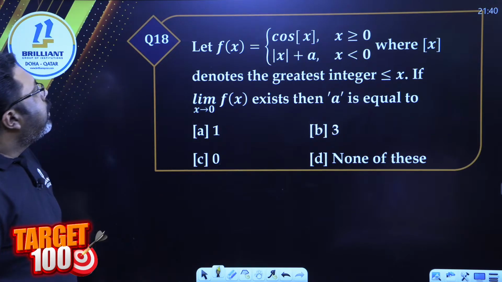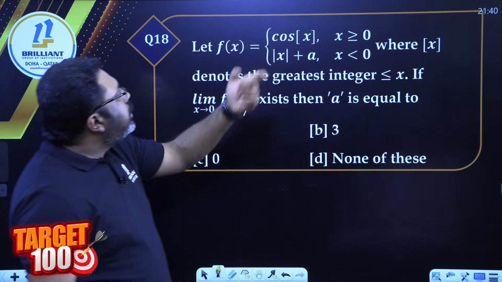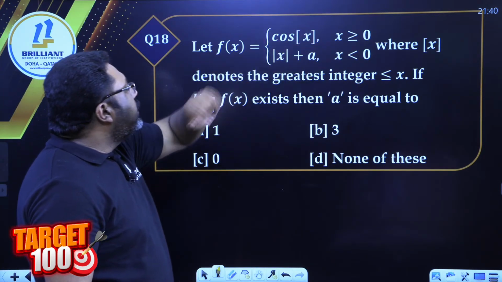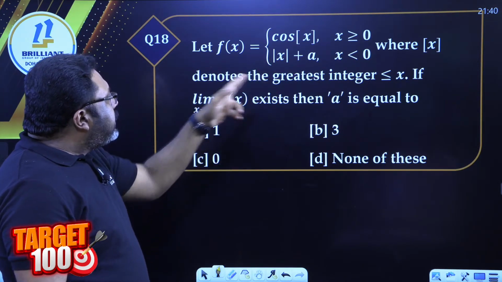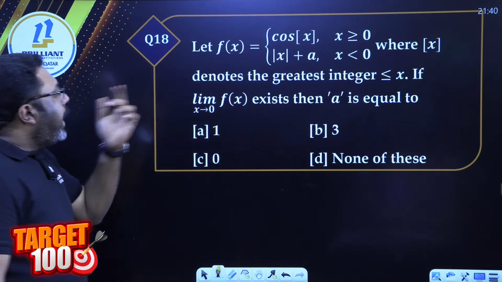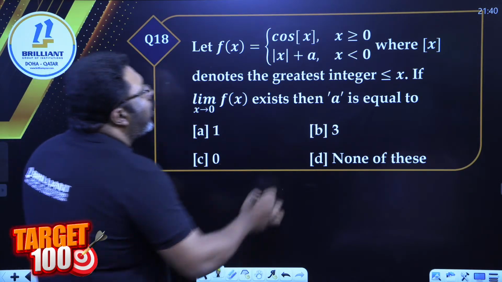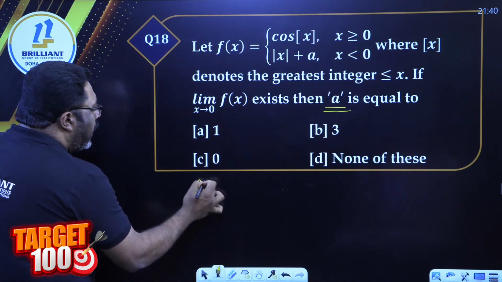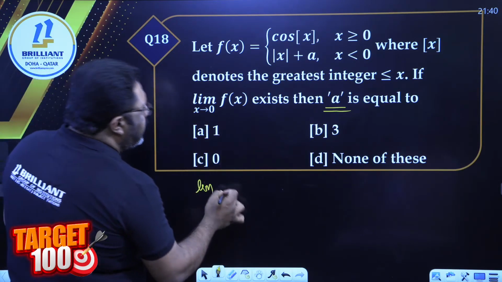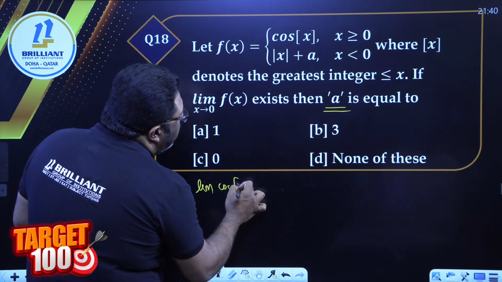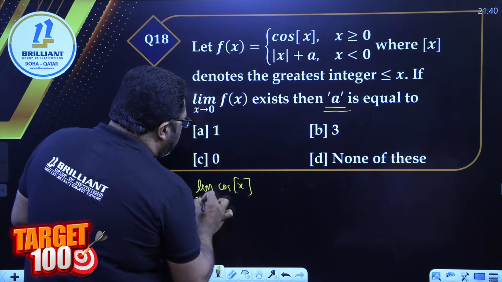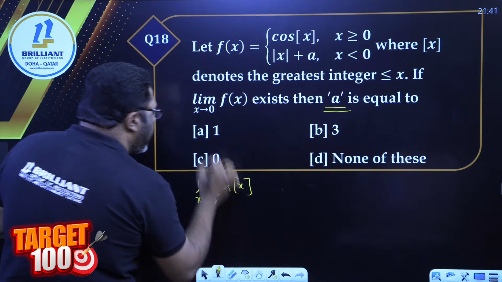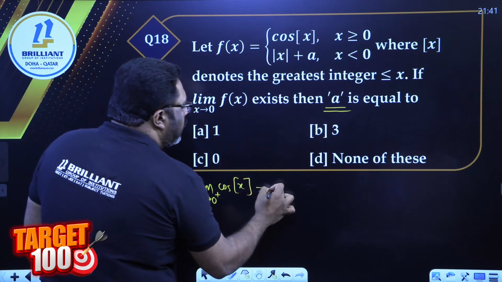Okay? Question number 18. This function f of x is cos of greatest integer x, where x is greater than 0, and mod x plus a if x is less than 0. And if this function exists, then what is the value of a? So we know that. Again, don't take LHL, RHL and waste your time. Cos of greatest integer x, when x approaches 0, greater than 0 means the right side of 0.